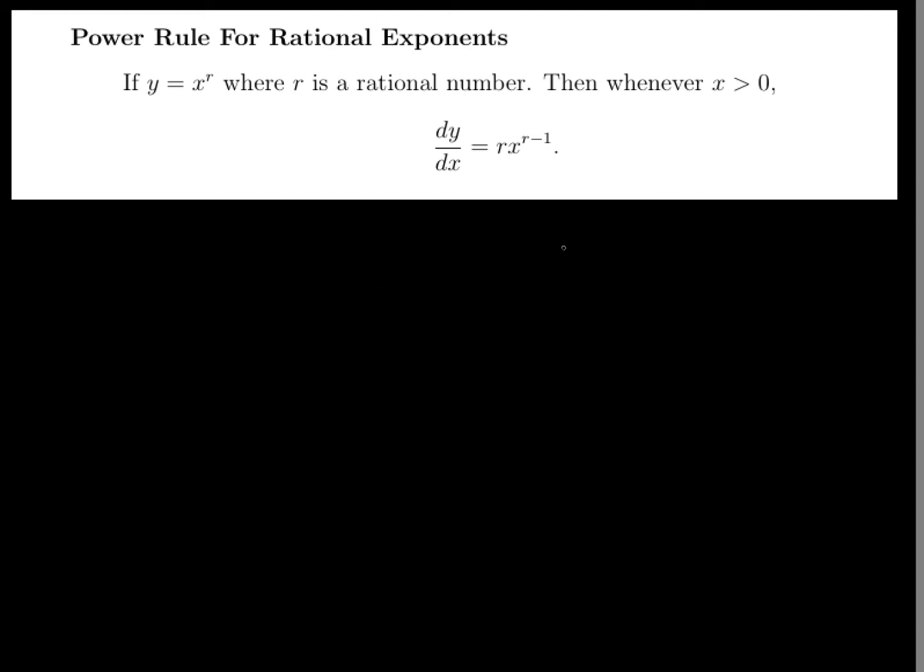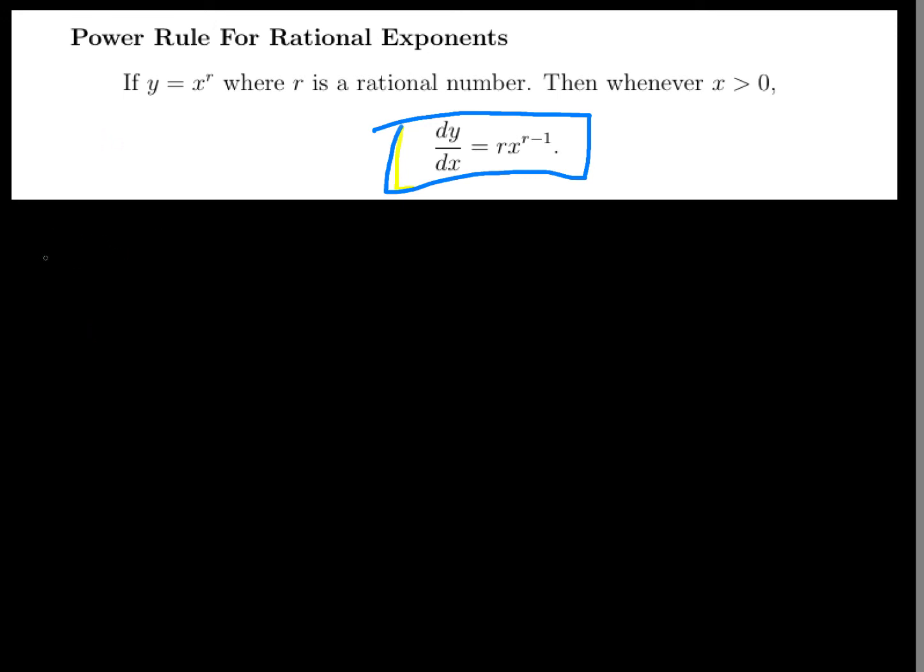Notice this is really the same form as our regular power rule, even though we've allowed r to be rational. The exponent comes down and becomes our coefficient, and you just take that exponent and subtract 1. So let's walk through this proof.